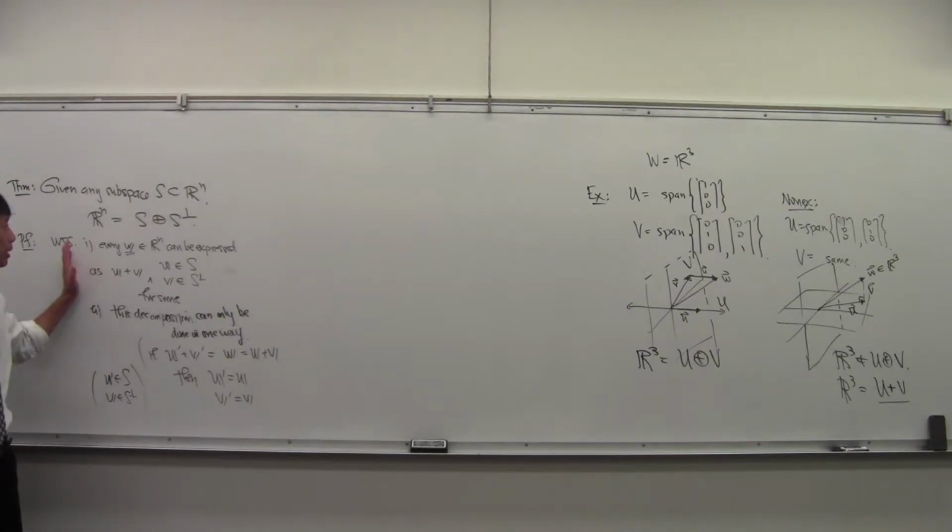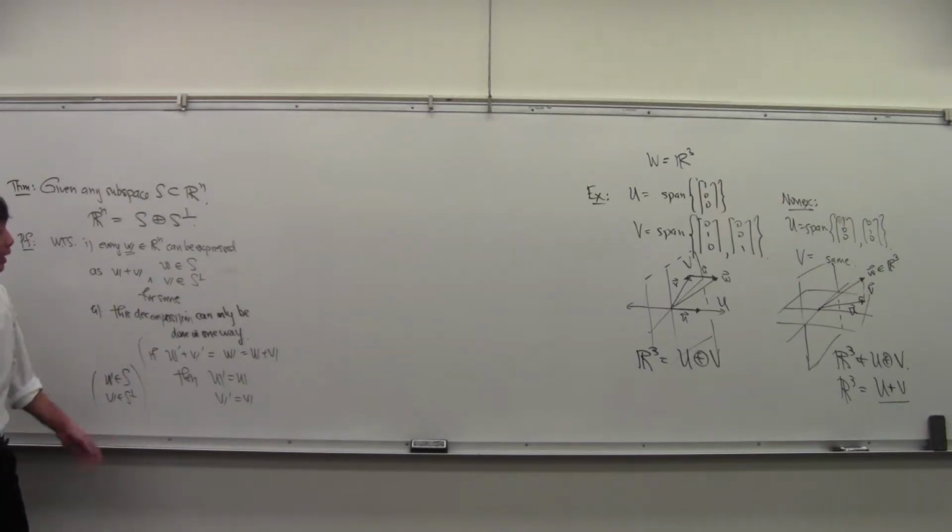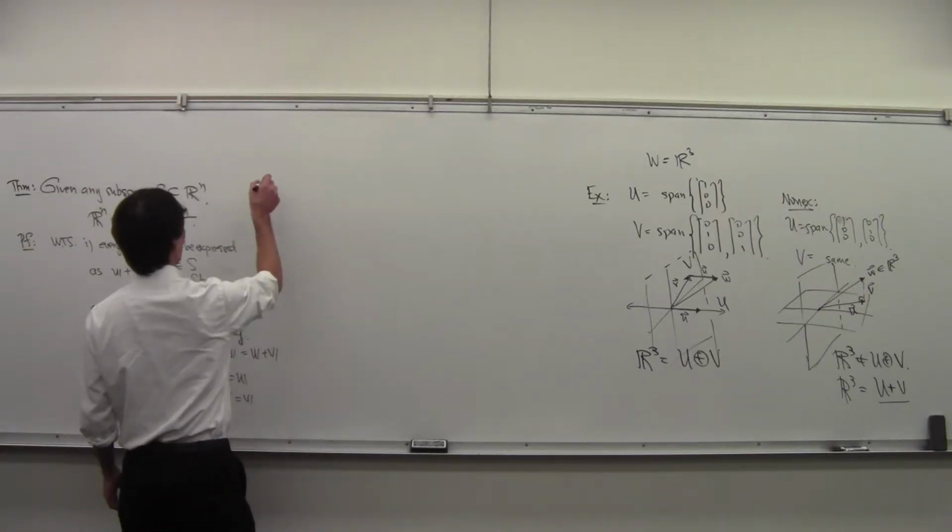Anybody figure out this first part? Why is it true that anybody in Rn can be expressed as something in S plus something in S perp? We know something about S and S perp. Molly? Yep. Together they form a basis of Rn. Yeah. So we had this theorem that said that.